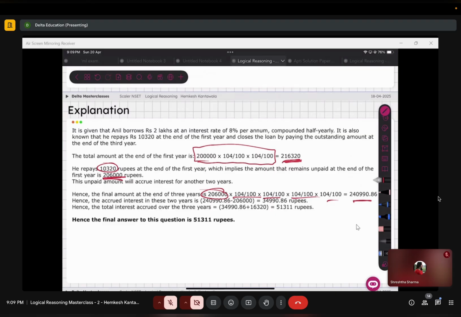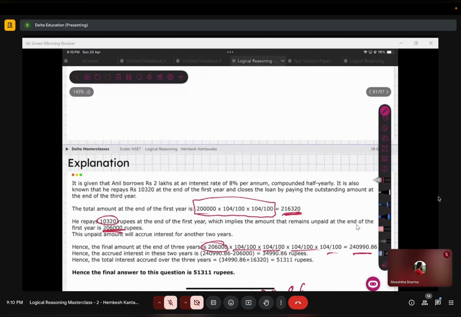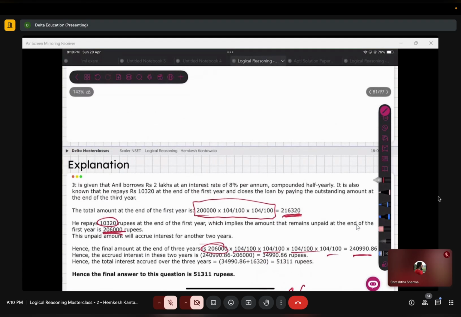From here we are getting the answer as 240,990.86. Correct. Now we need to find the interest. Interest is amount minus the principal. So the amount is 240,990.86 minus the principal, which was 2,06,000. We found it to be 34,990.86. Now the interest for the first case: principal was 2 lakh, amount came out to be 2,16,320.